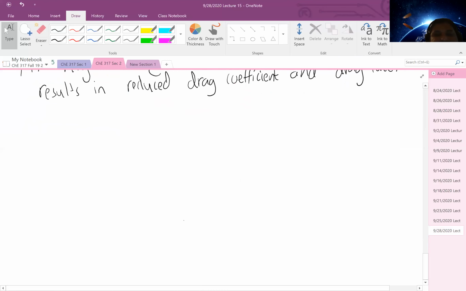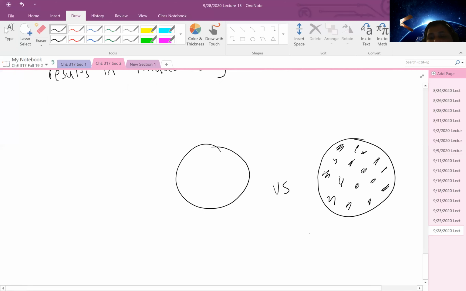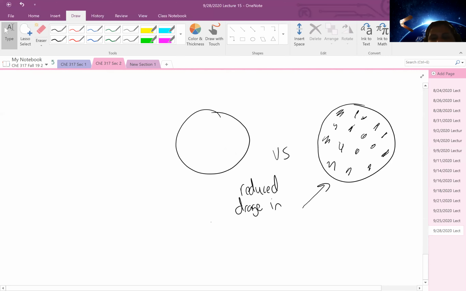For example, if I had a solid, perfectly smooth ball versus an irregularly shaped ball, I would find that we have reduced drag in the irregularly shaped ball.